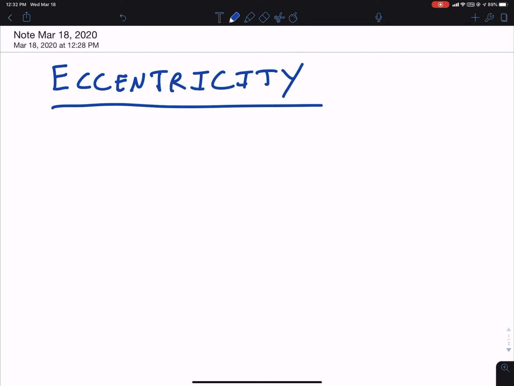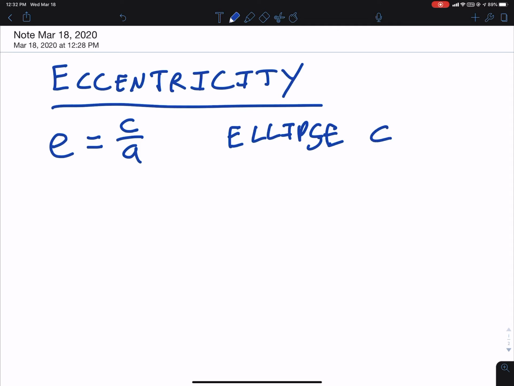So eccentricity, we'll call E, is just the ratio of C over A. Remember, in an ellipse, C is the distance from the foci to the center.